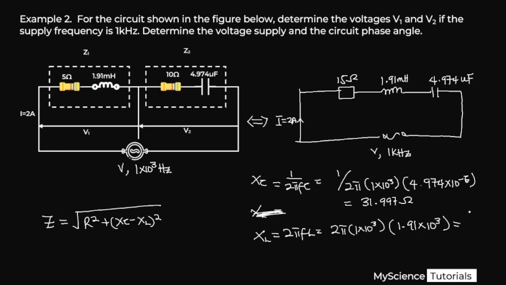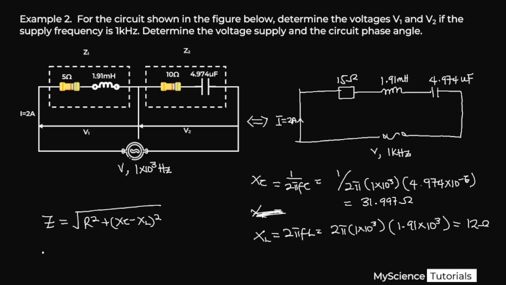If we multiply everything we have over here, we are going to get a value of 12 ohms as our inductive reactance.